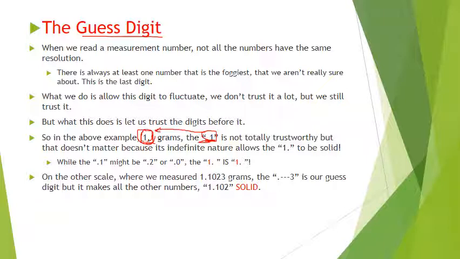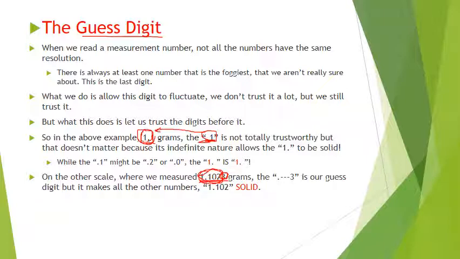The last digit of every measurement is going to be our blurry number, but it makes all the numbers before it true and acceptable. On the other scale, we had 1.1023. This last number is our blurry number, but that makes these guys solid.